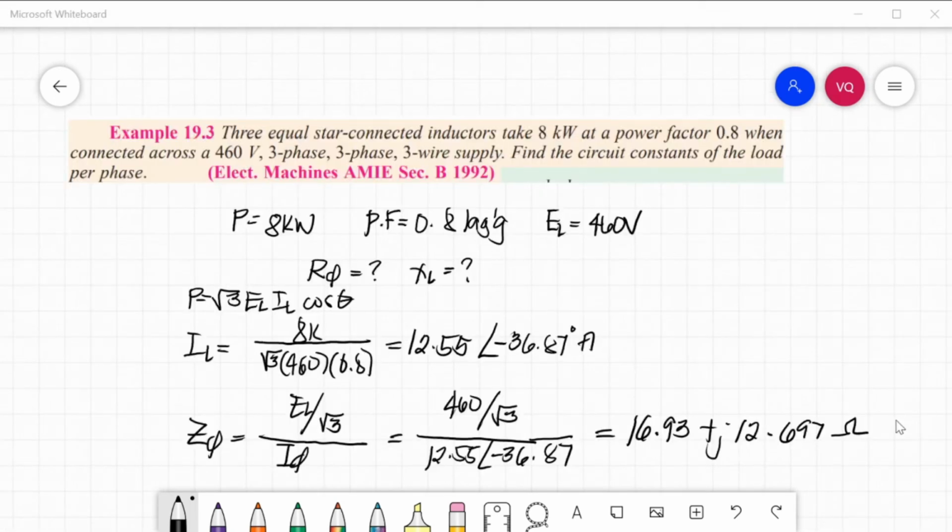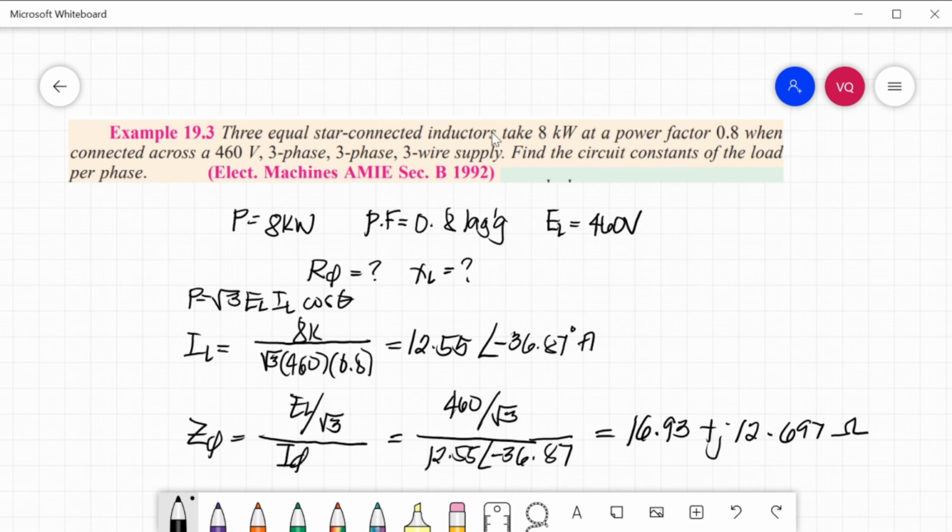Second example: three equal star-connected inductors take 8 kilowatts at a power factor of 0.8 when connected across a 460 volt, 3-phase, 3-wire supply. Find the circuit constants of the load per phase. So the circuit constants of the load will be your R and XL, since this is an inductive load.